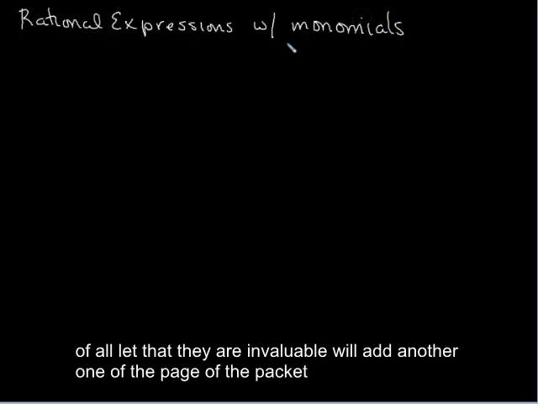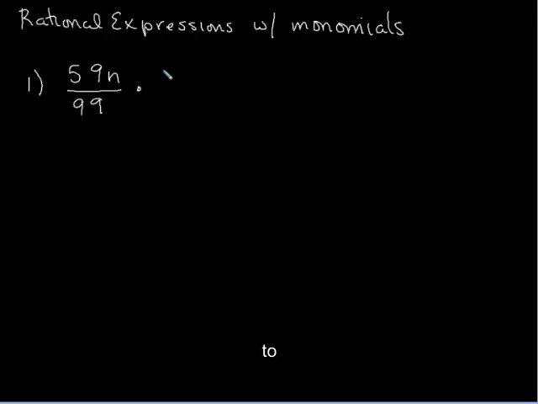So what we want to do is, if we look at the monomials, like let's say for example, number 1 on the 3rd page of your homework packet, I look at this.